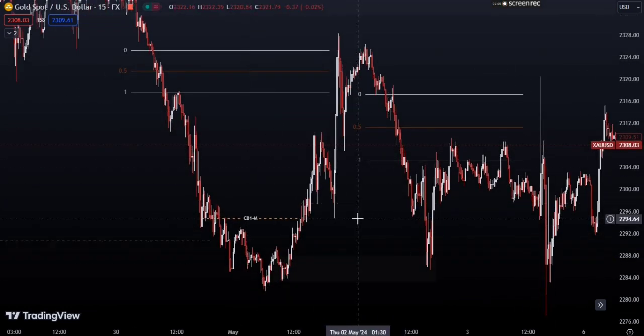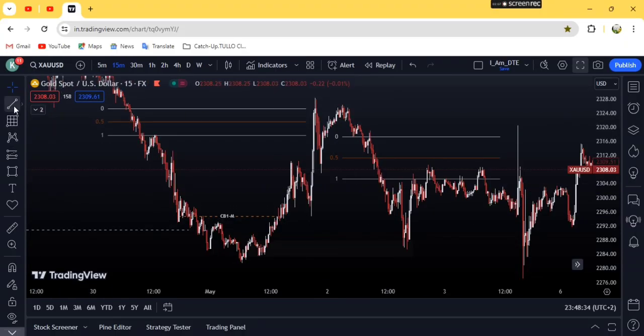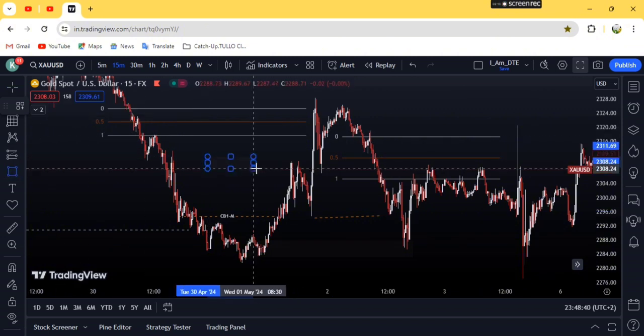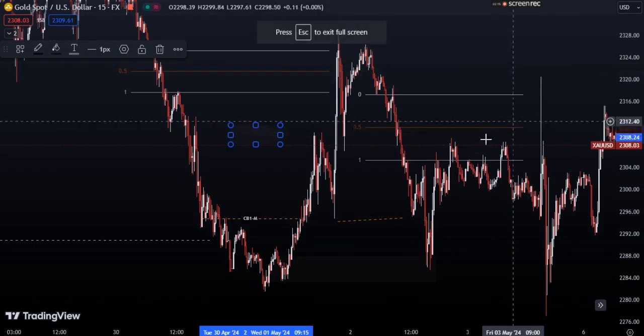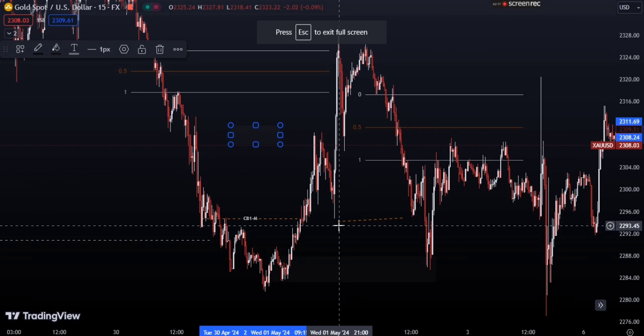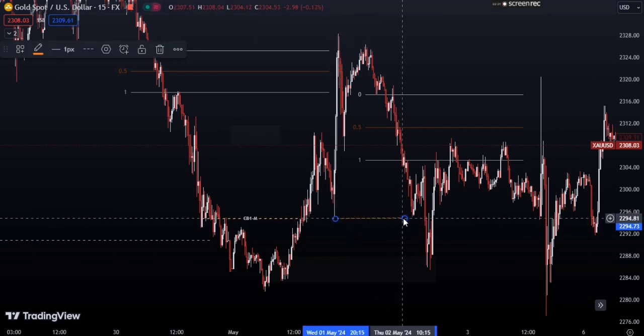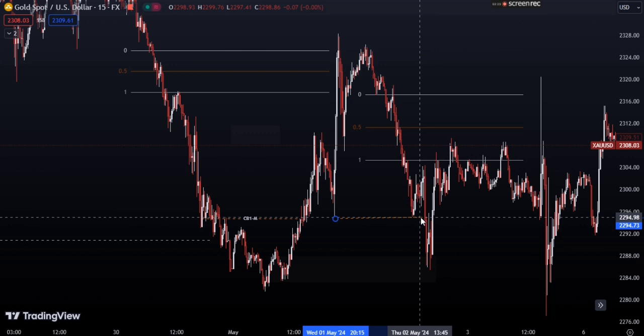So what I saw was this change of character. These are the first and foremost things that I observed. Let me just put my instruments here, the components that I'll be employing for the analysis. Put it here.